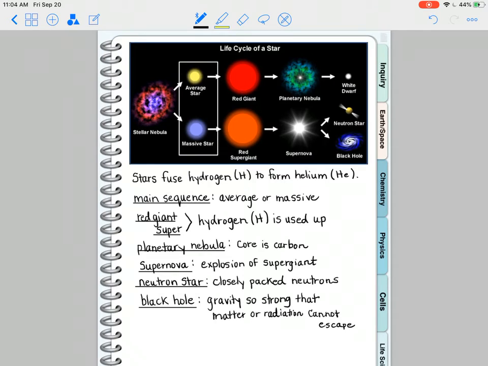So that's one thing. Stars don't live forever. I want you to understand that stars have hydrogen and helium when they're in their liveliest days. Another concept is that different stars die in different ways. They don't all follow the same path.